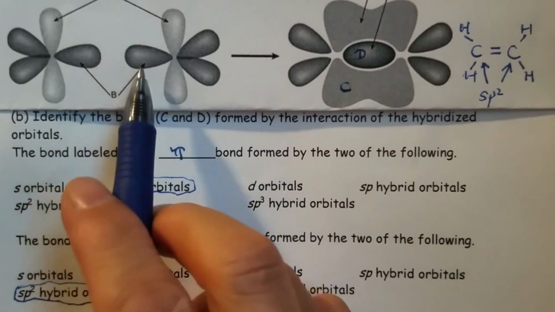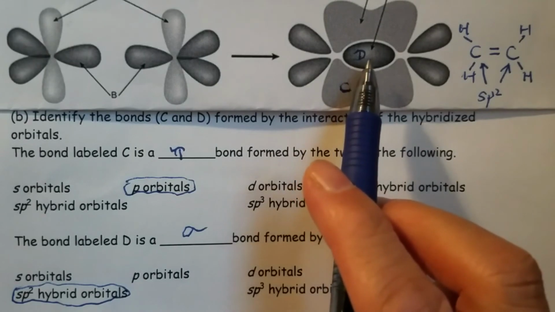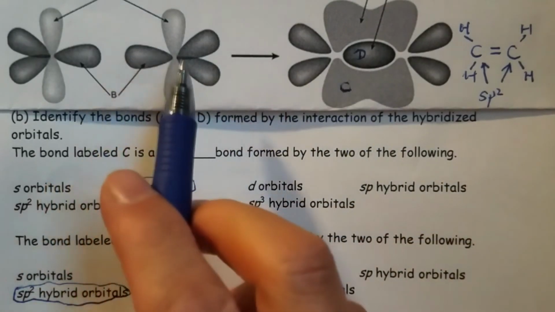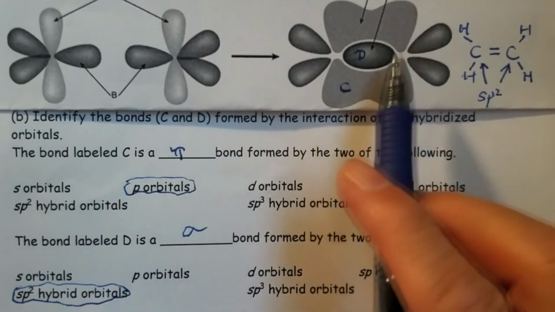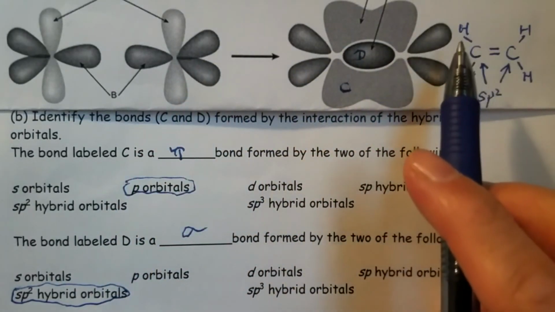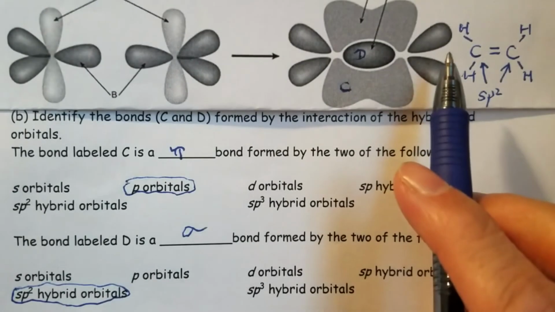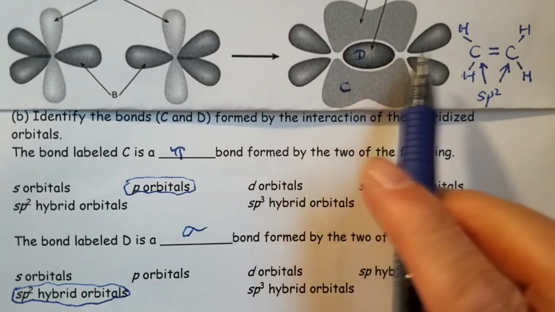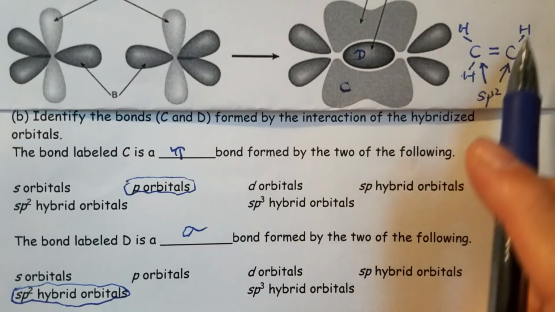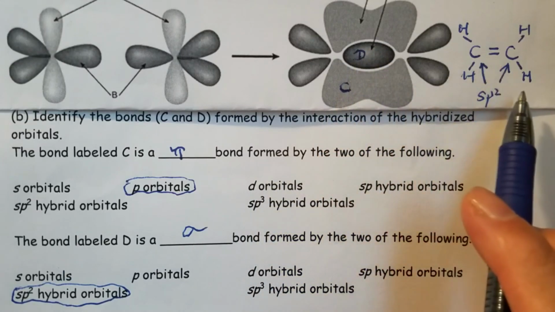Those two are used to form this single bond, and then these two are used to form carbon-hydrogen bonds. Carbon-hydrogen, just like this one, carbon-hydrogen, carbon-hydrogen, carbon-hydrogen.